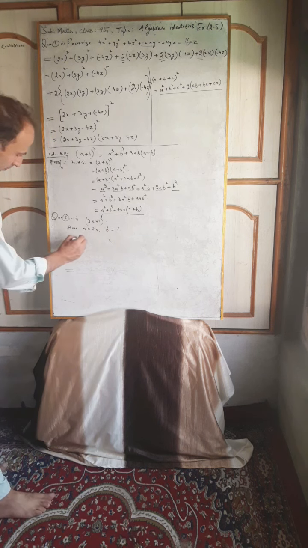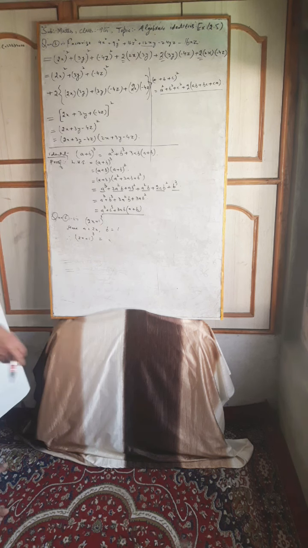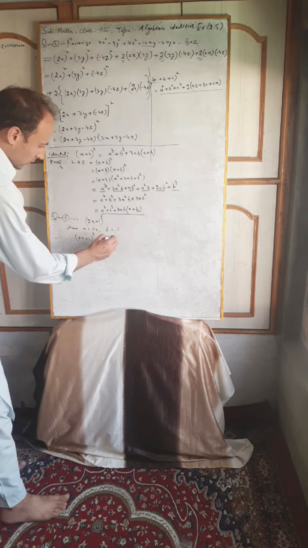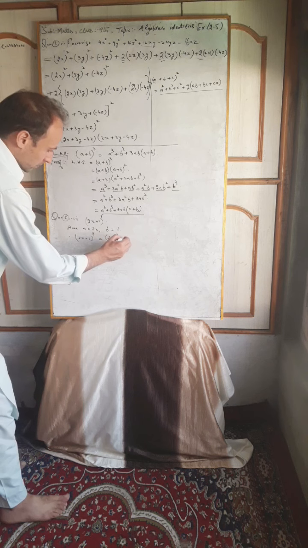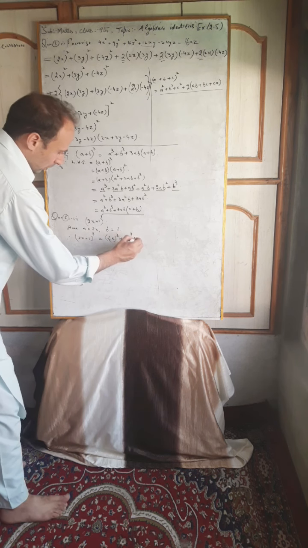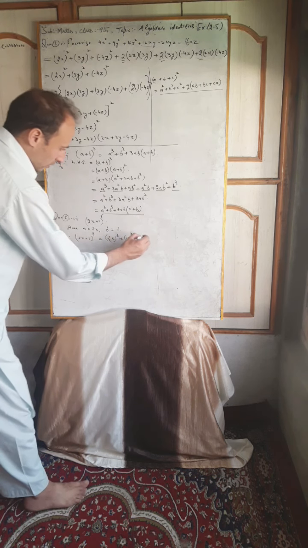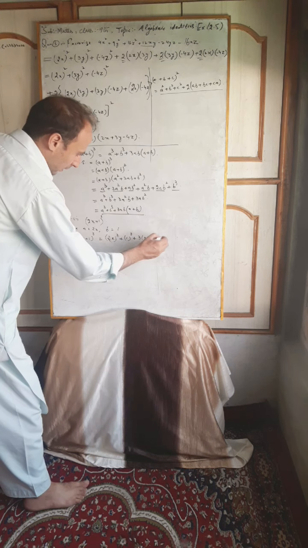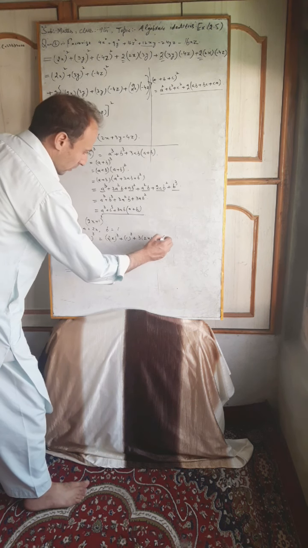Therefore 2x plus 1 whole cube is equal to a cube, meaning 2x whole cube, plus b cube, meaning 1 cube, plus 3 into ab, 2x into 1, into a plus b, meaning 2x plus 1.